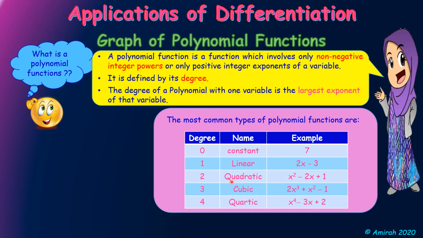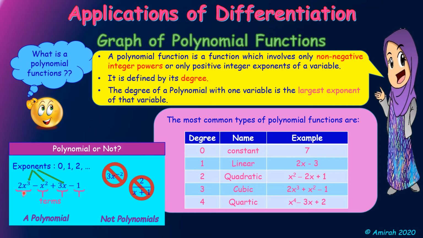Quadratic has degree 2, for example x squared minus 2x plus 1. And then cubic. Cubic has degree 3, for example 2x cubed plus x squared minus 1. And quartic. Quartic has degree 4, for example x to the power of 4 minus 3x plus 2.